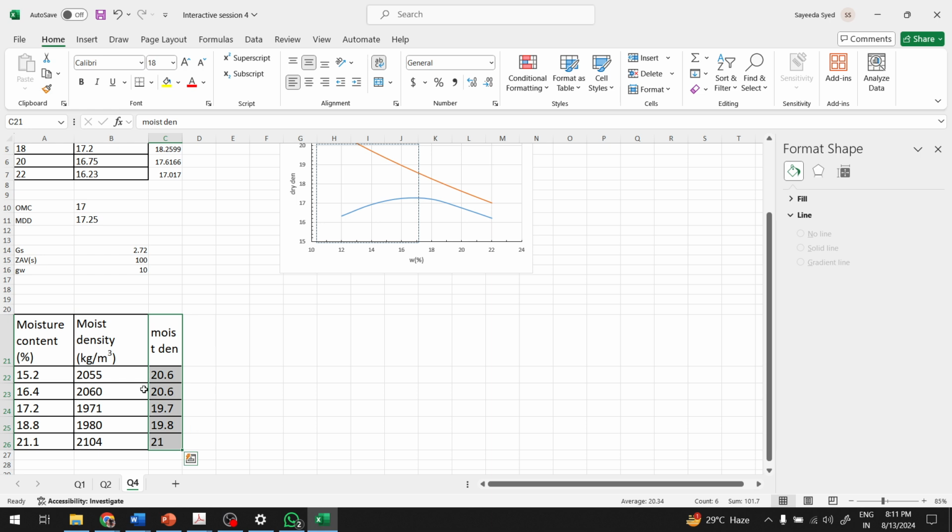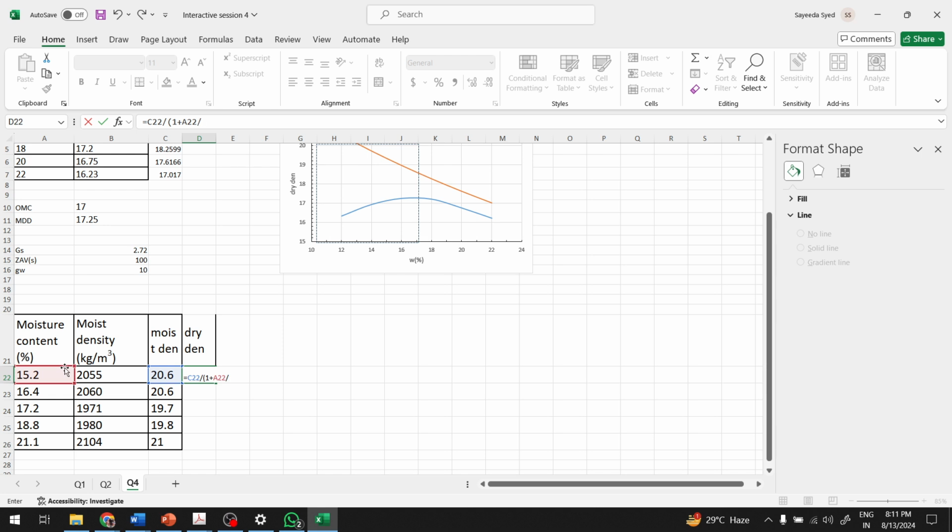So this is the moist density, and the dry density will be this over 1 plus this over 100.